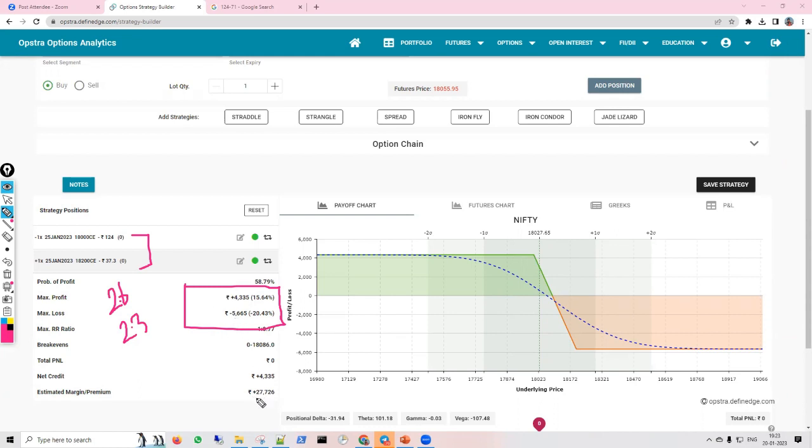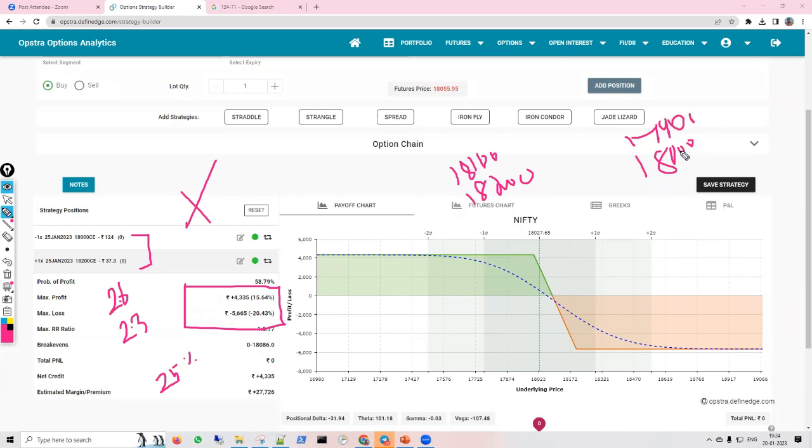Right, and here again the margin needed in all the cases would be almost the same. If you just see, you need to risk 25% of your capital, right? So this is what happens when the strikes are at a huge difference. So don't do this in general. Just try to keep the strikes as close as possible, 18,000, 18,100, or let us say 18,000 PE, 17,900 PE.